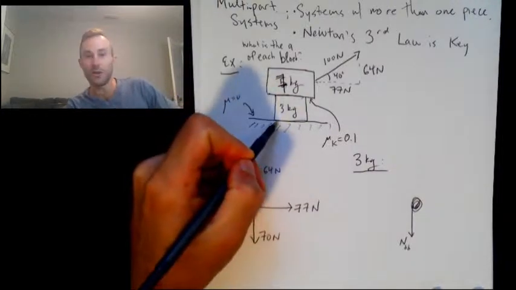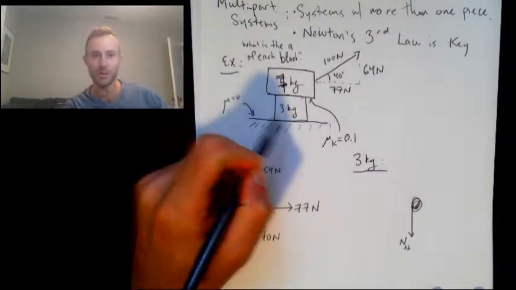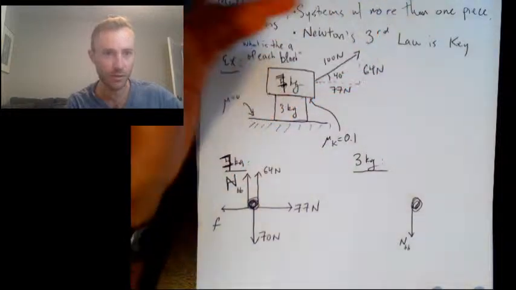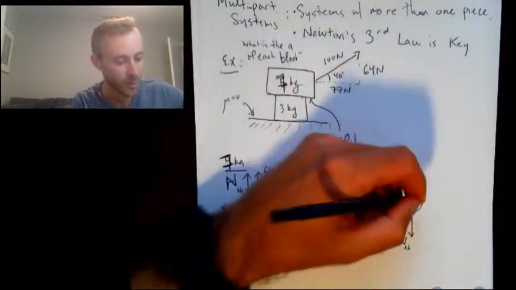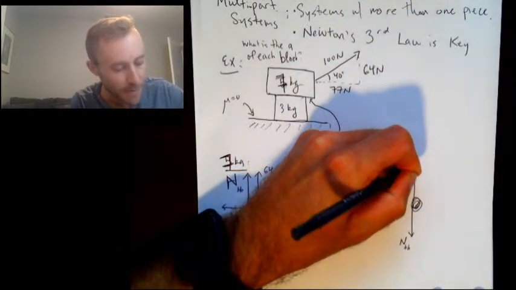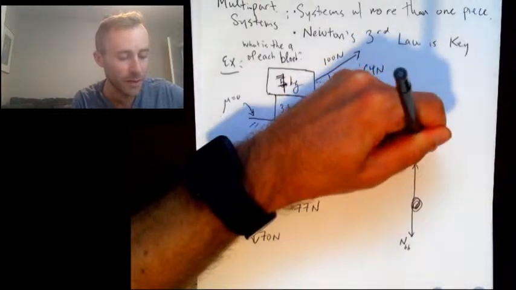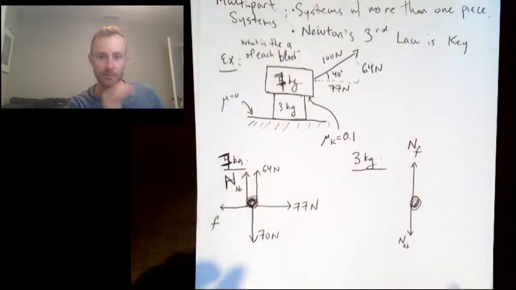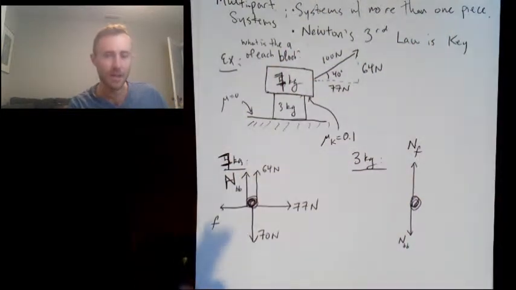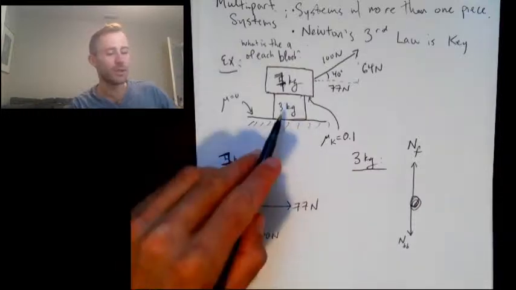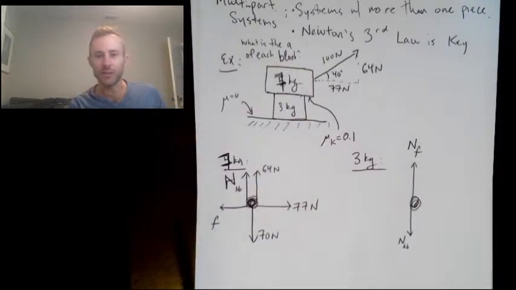But then the block is also in contact with the floor. So there is a second normal force from the floor, which points upward. I will call that N sub F for floor. And then the 3 kilogram block also has its weight force.